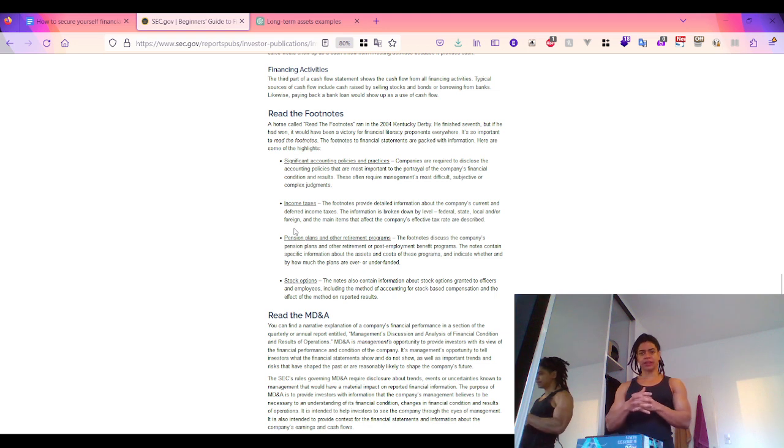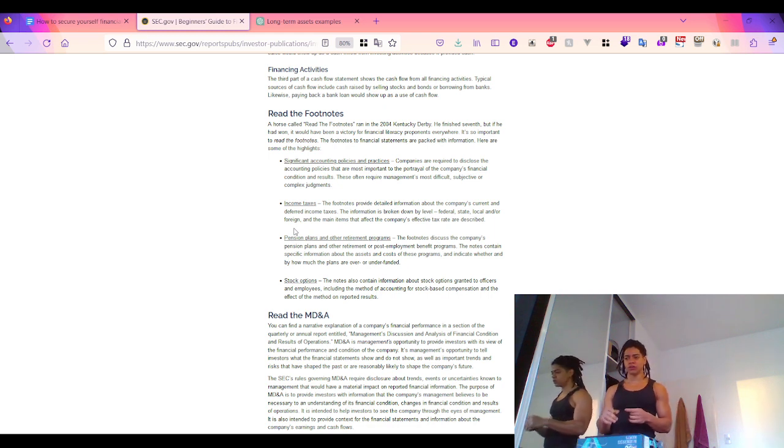Then pension plans and other retirement programs. This section informs about the assets and the cost of these programs and indicates whether and by how much these plans are over or underfunded.